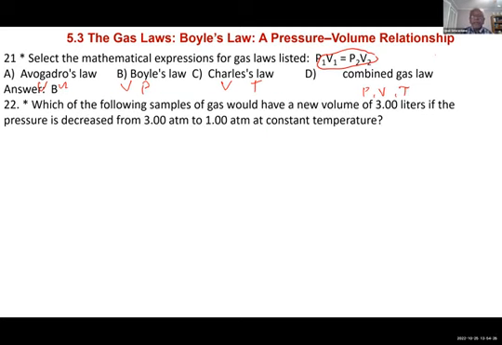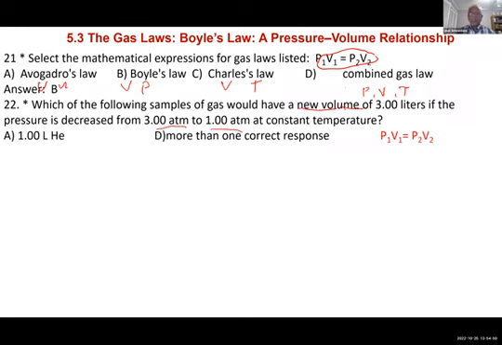Which of the following samples would have a new volume of 3 liters if the pressure is decreased from 3 atmospheres to 1 atmosphere? So this is Boyle's law. Volume is related to the pressure, new volume. Therefore, V2 is the question.